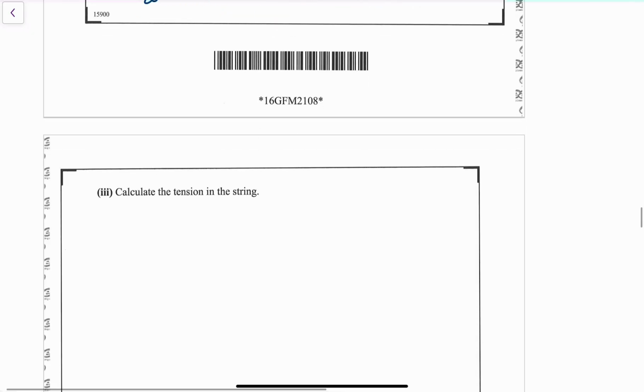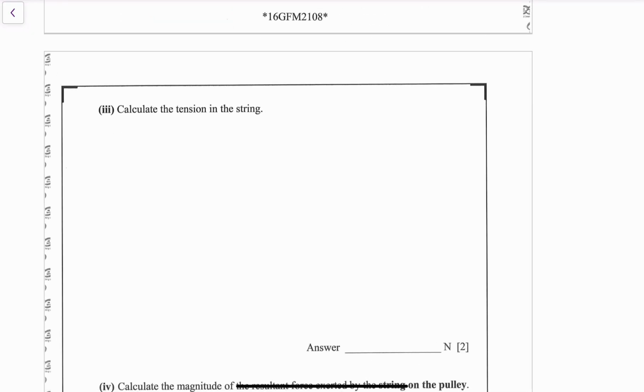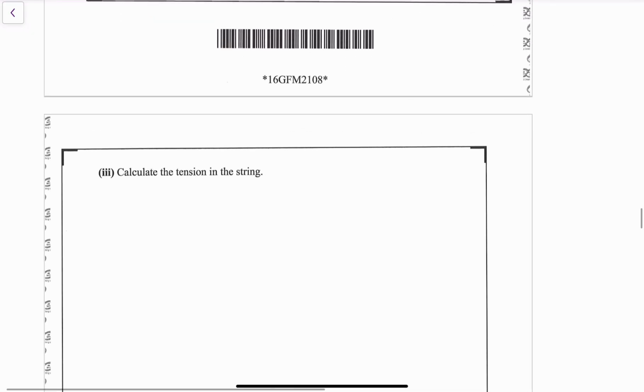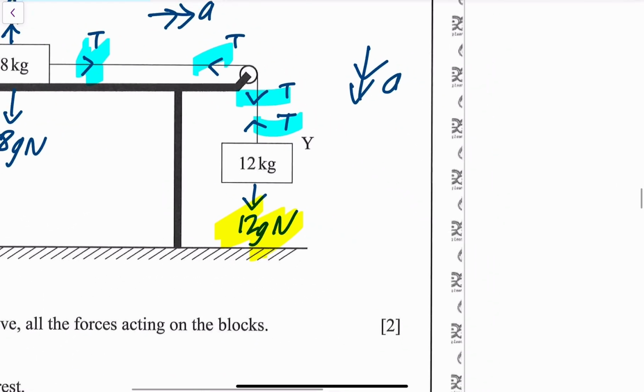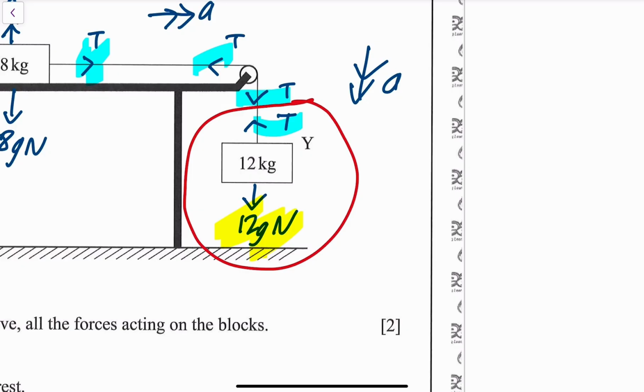Lovely. Next bit says calculate the tension in the string. Okay, I'm going to look at the 12 kilograms. What I mean by this is, if I put a wee ring around it, I'm just considering this.